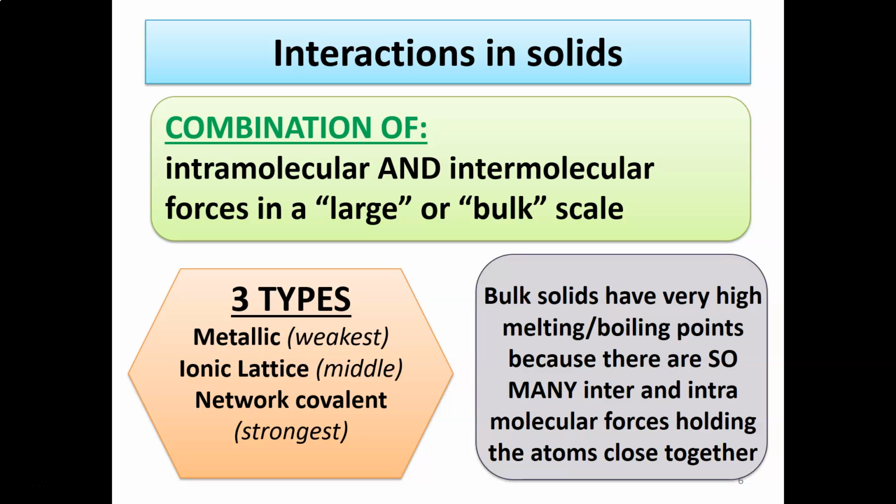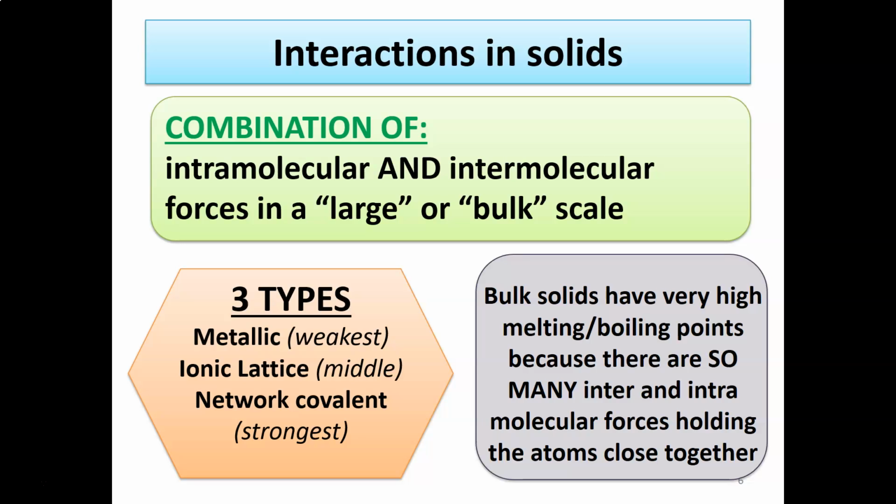So we tend to break bulk solids into three main types: metallic, ionic lattice, and network covalent. You've already learned about metallic substances way back in first semester. You already learned about ionic way back in first semester. But what we didn't really explain to you is that these substances have these inter and intramolecular bonds and forces going on.